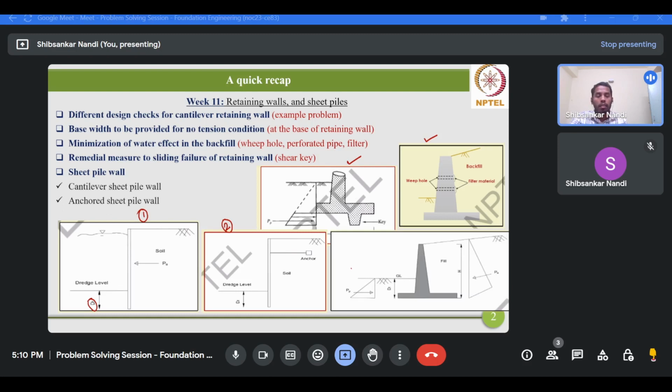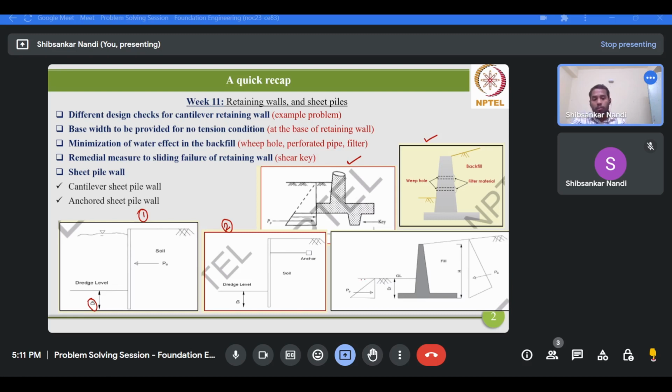Earlier in last week we had learned about retaining wall, and how to perform the different design checks. Now in this week we have learned about this sheet pile wall. Now what are the fundamental differences between this retaining wall and sheet pile wall?